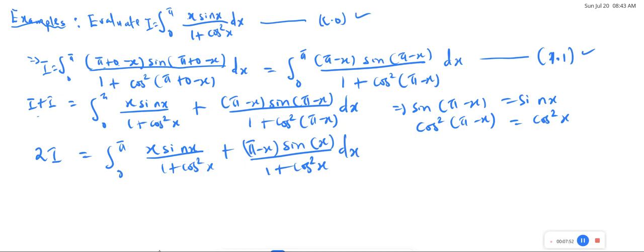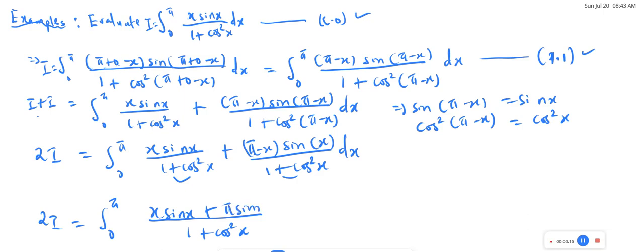They have the same denominator, so the LCM will be 1 plus cos squared x. So 2I equals the integral from 0 to pi, with the LCM 1 plus cos squared x, of x sine x plus, if we open this bracket, pi multiplied by sine x gives pi sine x, then minus x multiplied by sine x gives minus x sine x, dx.